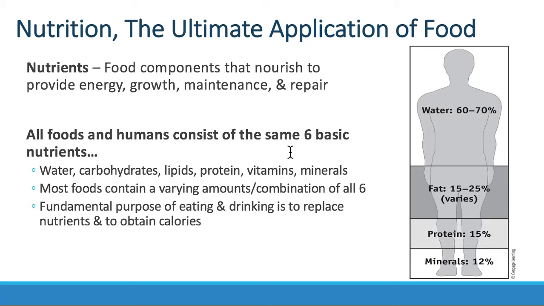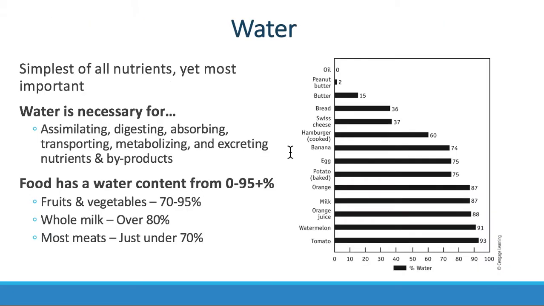So our body is made up of 60 to 70% water. And we'll also see that our foods have a high percentage of water as well. And so water is not only essential for our life, but also essential in our food supply and in the functions of our food in cooking. So water is our simplest of all of our nutrients, but yet we consider it the most important.